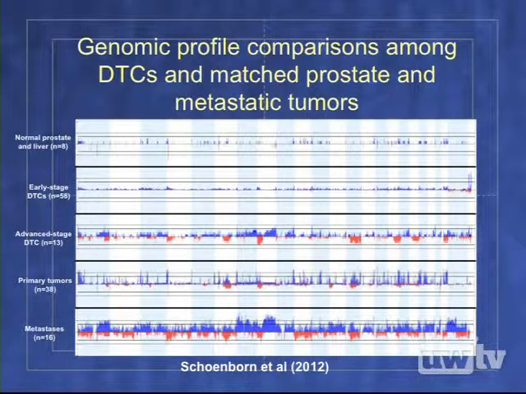Whereas primary tumors, you also see some of the focal abnormalities that are common. And so if you look at these bottom 3 panels, you'll be able to see there are some common regions shared among DTCs and primary tumors and metastatic tumors, whereas other regions are relatively distinct in each group.